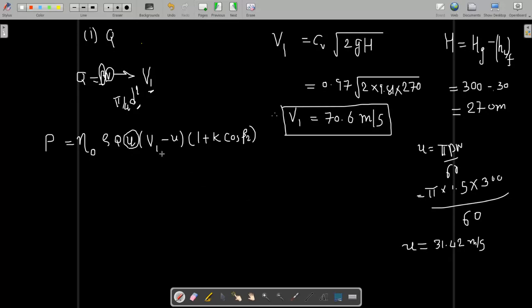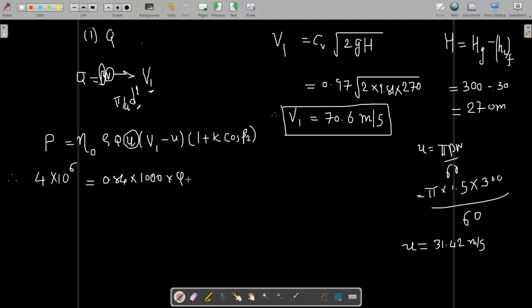Now we have all the things, so from here we will find Q. Power, that means from one nozzle, is 4 into 10 raised to 6, because here it is megawatt and we will convert megawatt into watt. Overall efficiency is 0.84. Density of water is 1000.